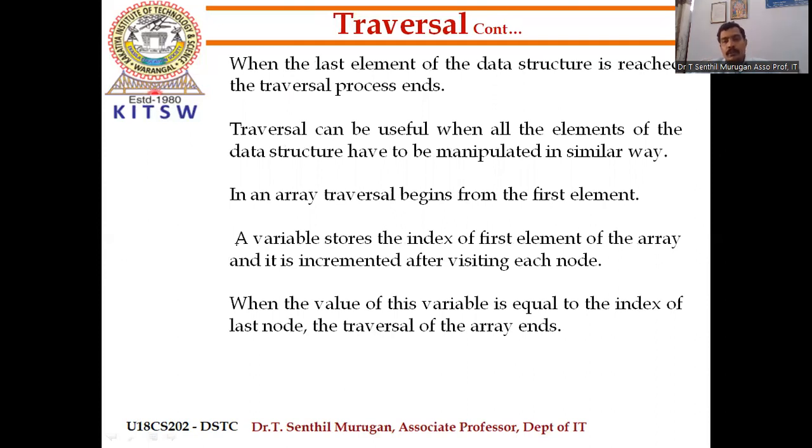It is useful when all the elements of the data structure have to be manipulated in a similar way. For example, I have a student name list, and in front of each student name I want to add Mr. if the student is a boy, and Miss if the student is a girl.